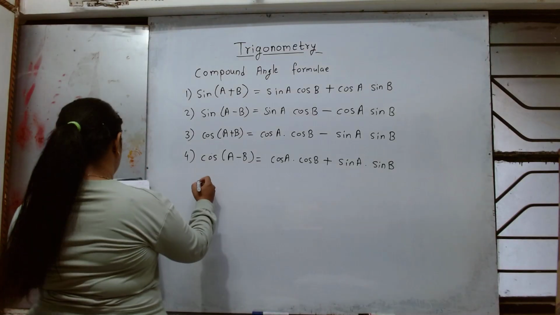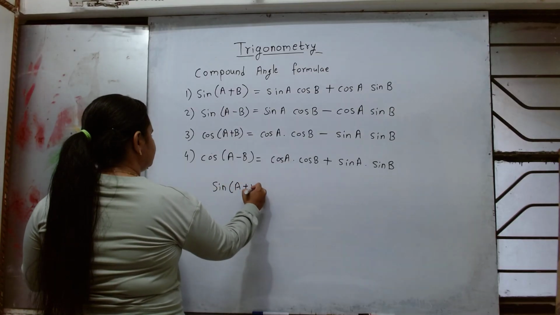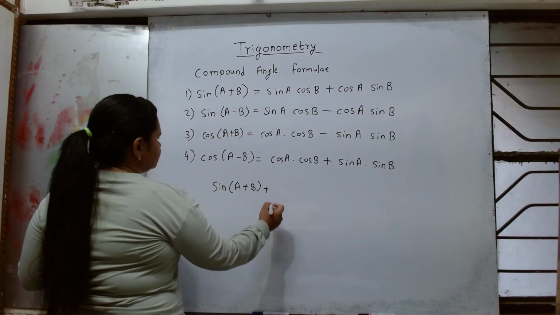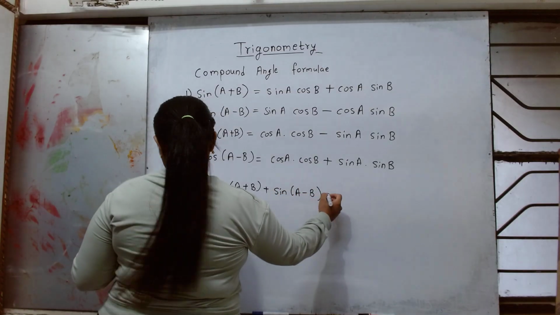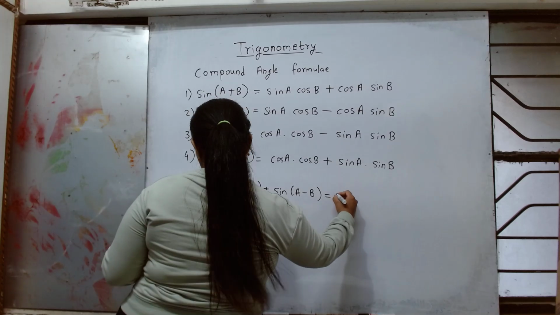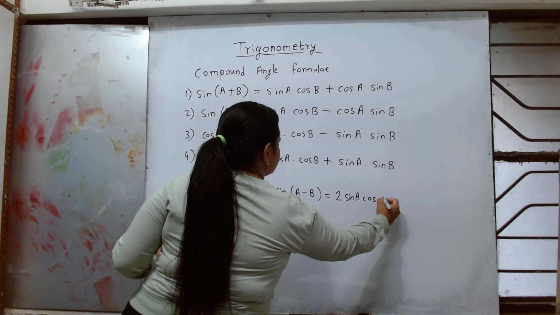Now, other important ones are sin of a plus b plus sin of a minus b equals 2 sin a cos b.